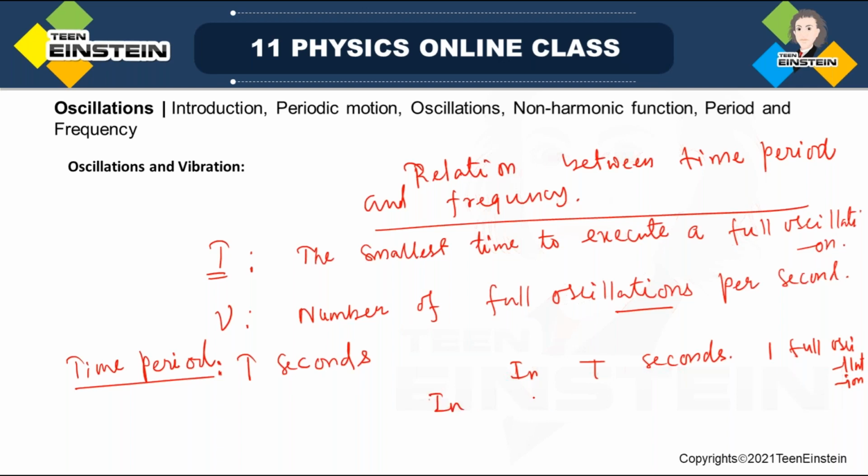Then in 1 second, how many? 1 over t. This many will be the number of full oscillations. And look, we have got the definition of frequency.